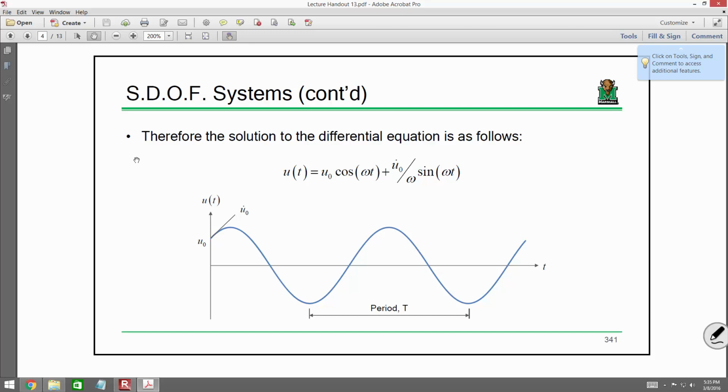That vibration is defined by its initial displacement, which is some value on the y-axis here, and some initial velocity. Keep in mind, this function is its displacement, so the slope of that function is its velocity, right? So some displacement and some velocity will define what this looks like.